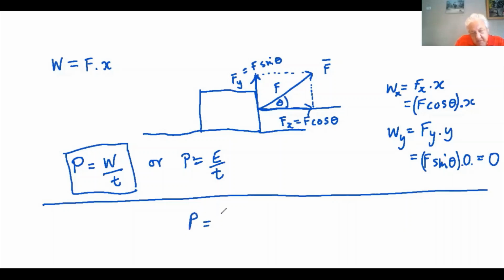So P equals work over time. Work is force times distance. I often like to use s as distance as opposed to x or y. This is distance over time. So we have my formula, P equals force times velocity. This is another very useful formula. So let's emphasize it.